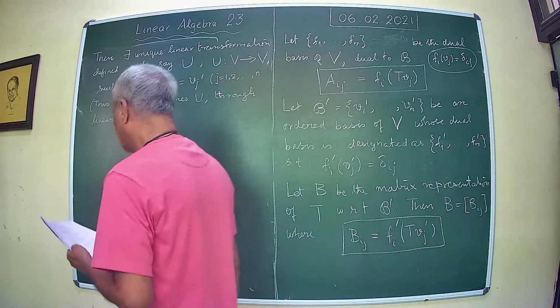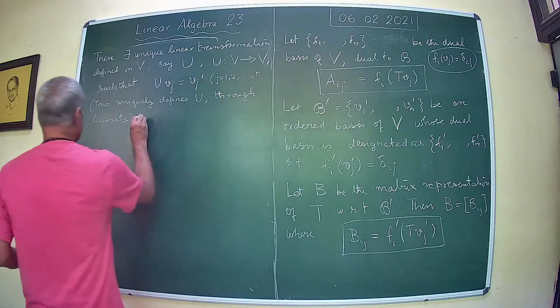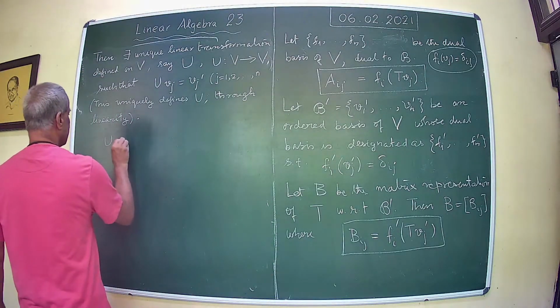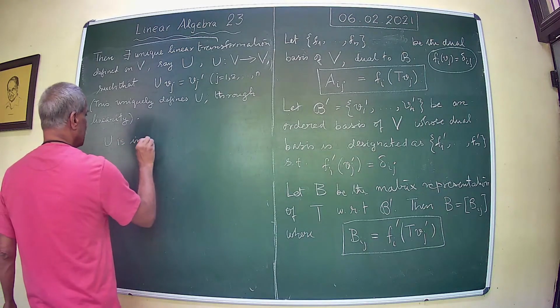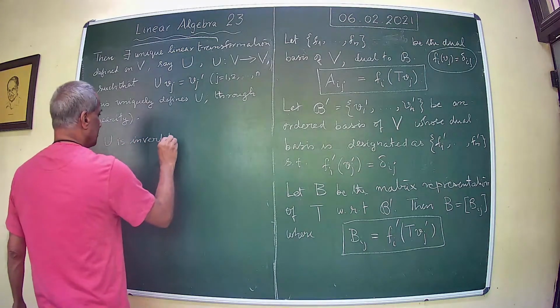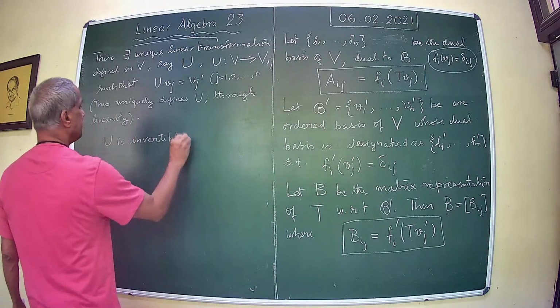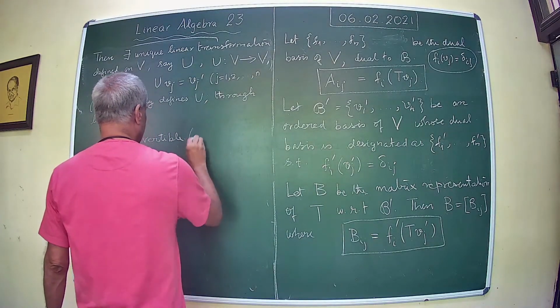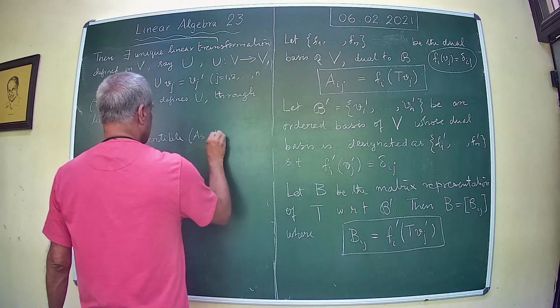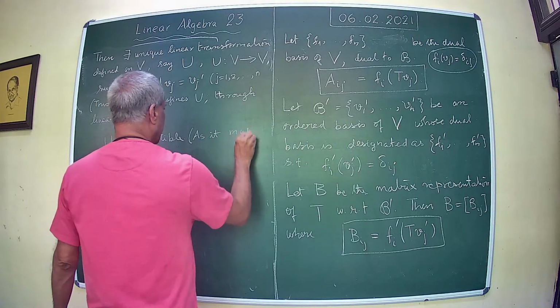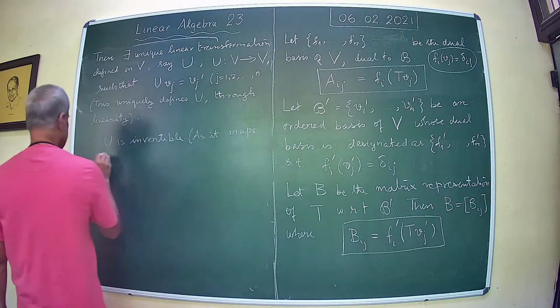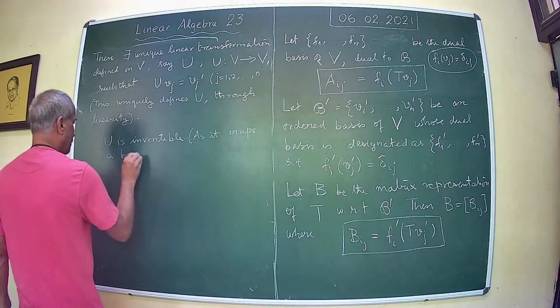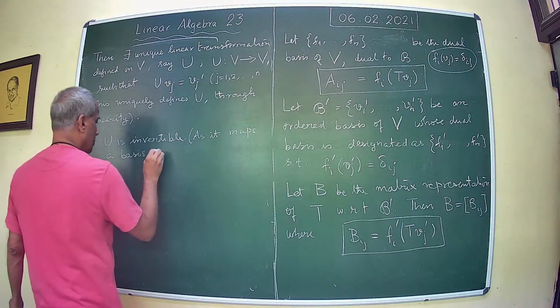Right. Now first thing that you observe is that U is invertible. Why is U invertible? Because it takes a basis onto a basis.